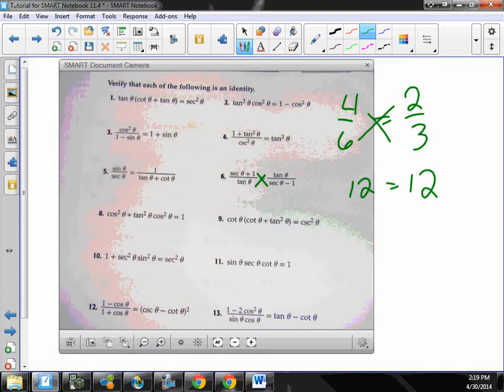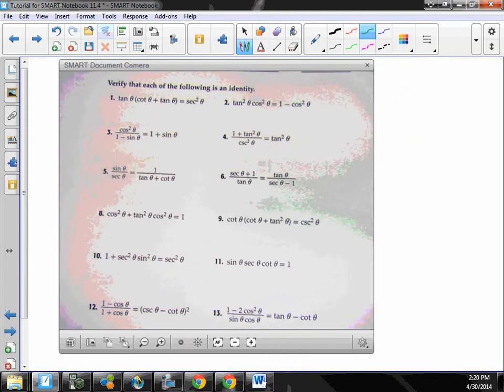It wouldn't do you any good on, say, this problem. If you cross multiply, you're going to get what you started with. And if you looked at number 2, cross multiplying is not going to do you any good, because you cross multiply and you end up with exactly what you started with.